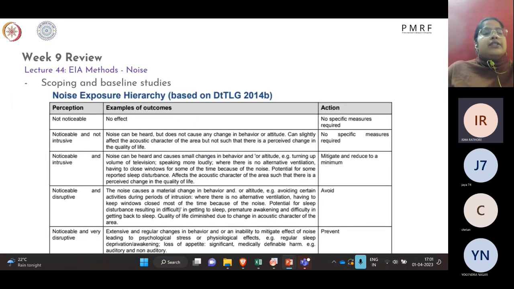Then we have different perception scales for sound or noise. We have the perceptions like the sound is not noticeable, and then it is noticeable but it is not intrusive. That is, it can be heard but it is not causing any major disruption to the regular life activities of a person.